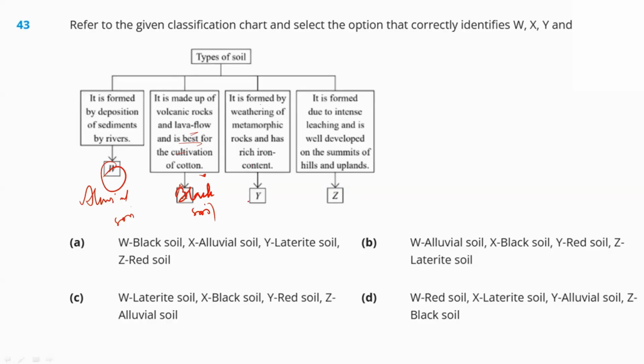So it has to be red soil. That's why it is red in color, because of the iron-rich content. And next is formed by intense leaching and is well developed on the summits of hills and uplands. So it is laterite soil. Which option has these sequences? W is alluvial. Alluvial is present in option number B. So this is our right answer.